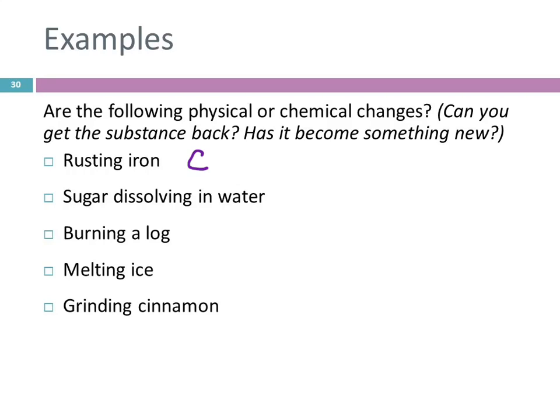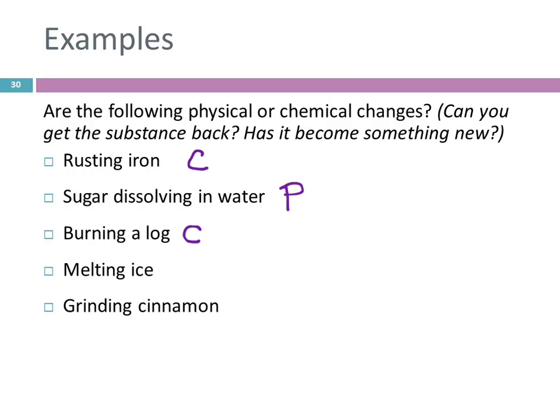How about sugar dissolving in water? That's a physical change. If you evaporate the water, what would be left? The sugar. It's still there, it just mixed with the water, and so that's a physical change. Burning a log. Chemical. Burning a log would be the same as burning a 2x4.